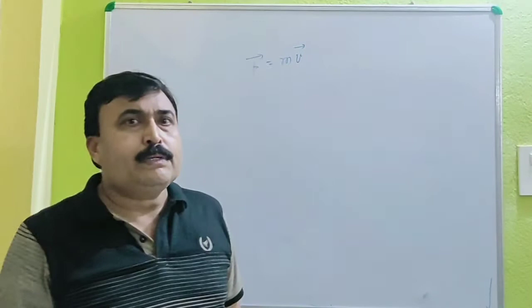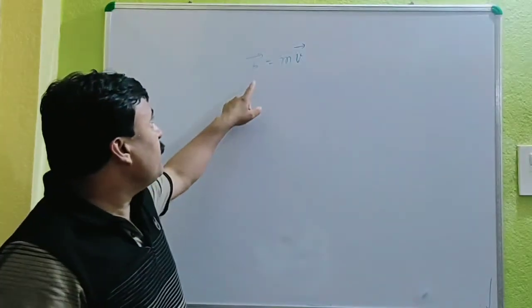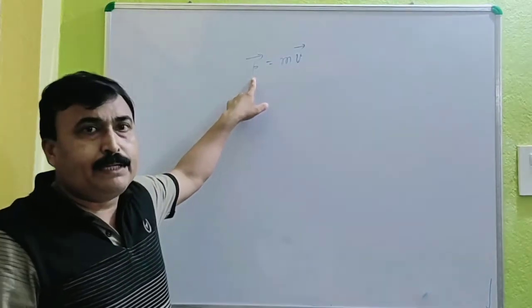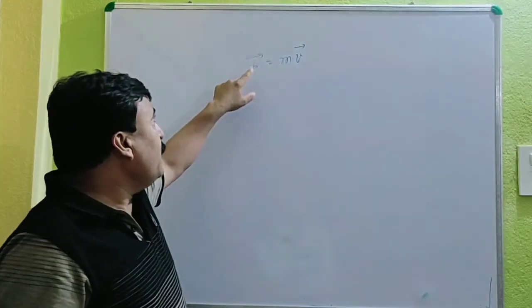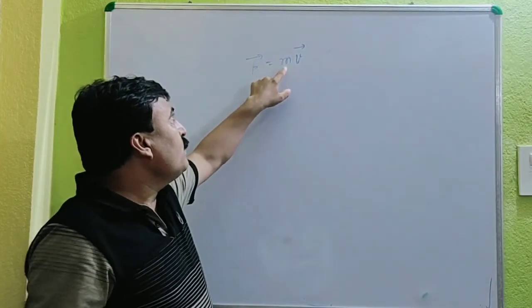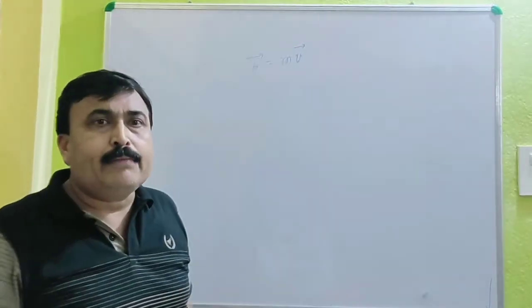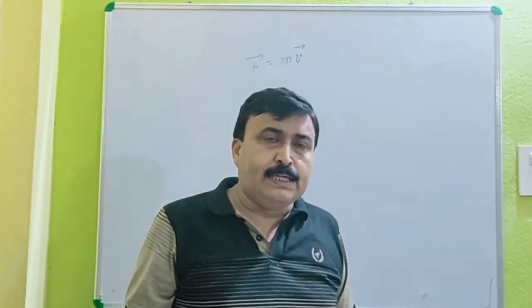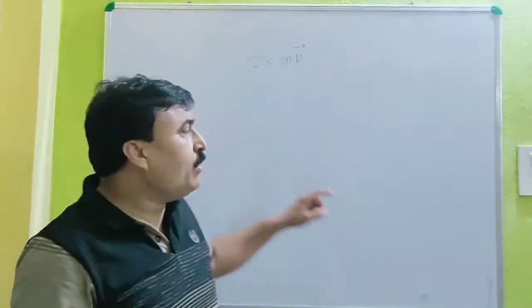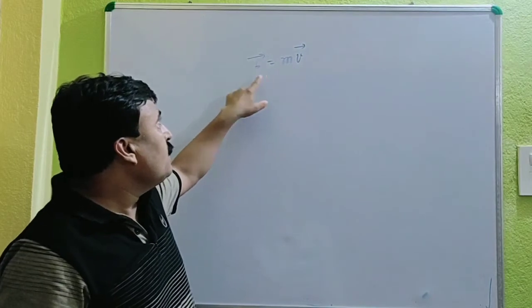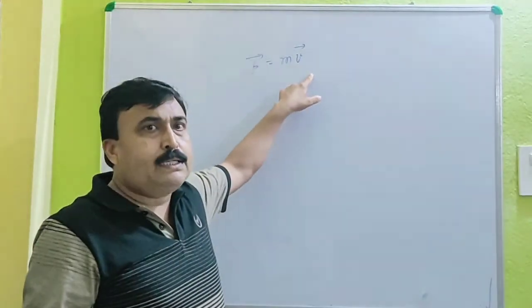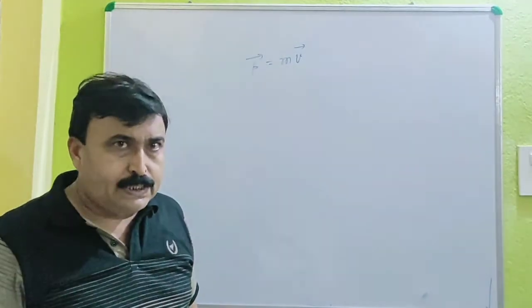Linear momentum is denoted by a small p vector and it is equal to the mass of the body and the velocity of the body, and the direction of momentum of the body is in the direction of velocity.